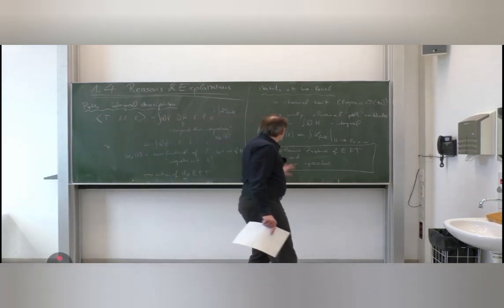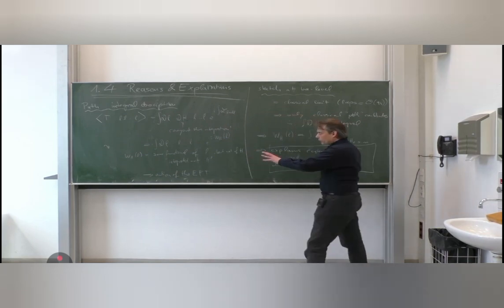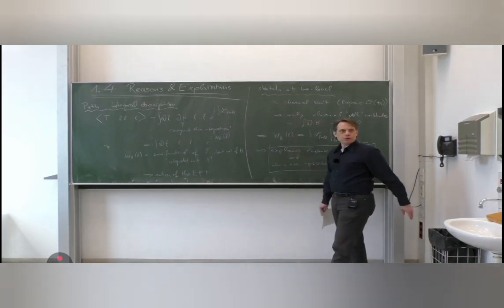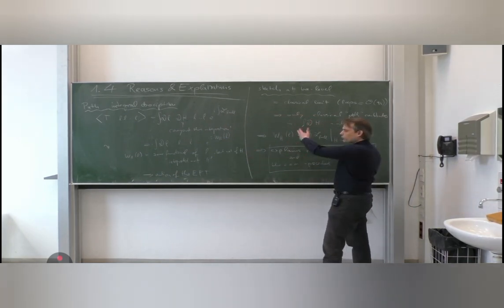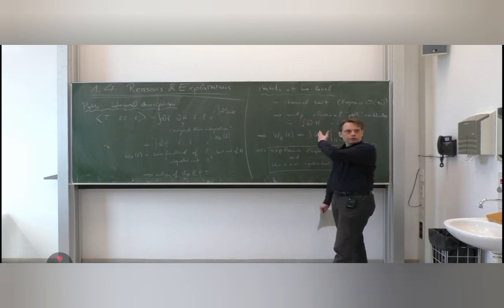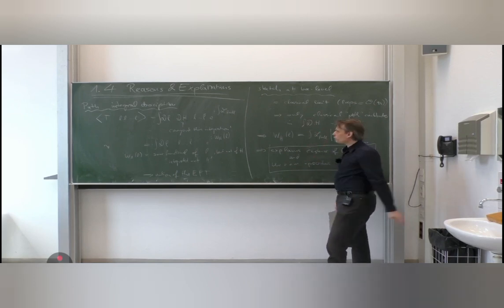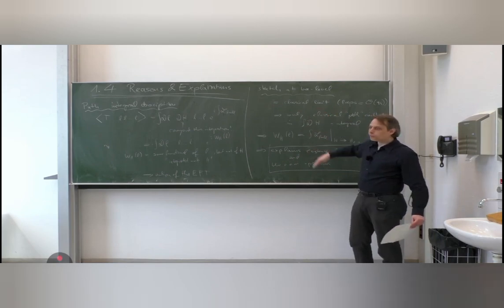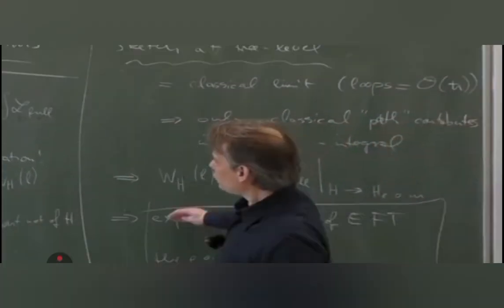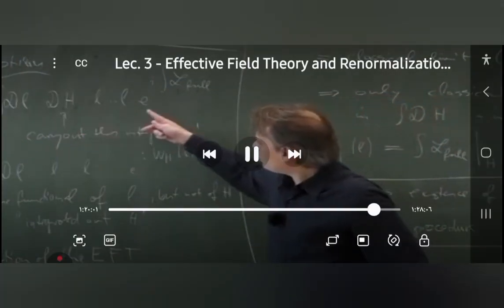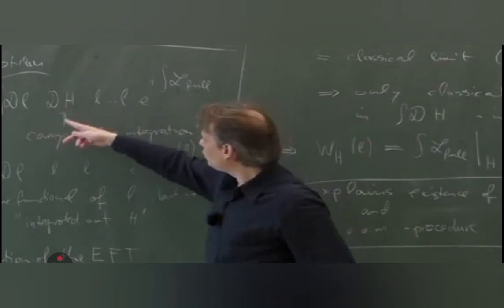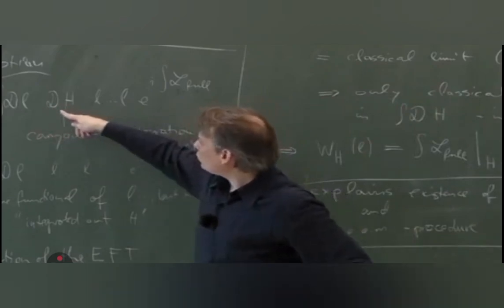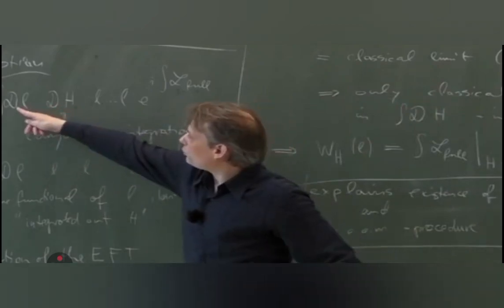However, we will have to come back to similar discussions when we work at the loop level, because obviously we have made here the classical approximation. And if we work at the loop level, these steps here are of course different. And also we will then have to be a little bit more careful here about integrating just over H and doing nothing to the L integral.